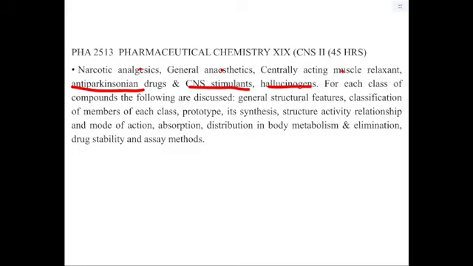When you remove the B ring, you have phenyl piperidines, because you'll be having only 2 rings, the phenyl ring and the piperidine ring. Then again, you break the piperidine ring such that it is now open chain. The piperidine ring is not closed. So you're starting from morphine, going down until you get to a very simple structure. And for that simple structure, we should be able to confirm whether it still follows the morphine rule, because if it follows the morphine rule, even without the extra hydrophobic areas, it is still able to bind the receptor and bind it effectively to give us analgesic activity.